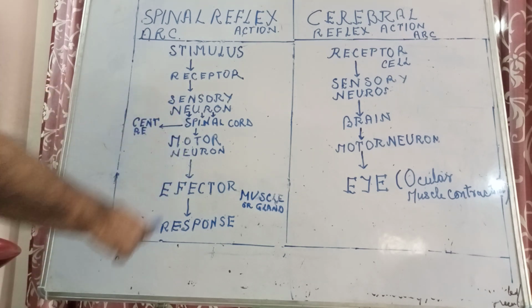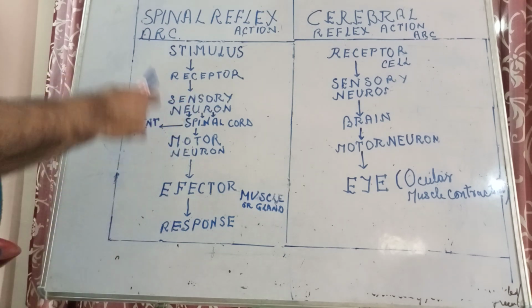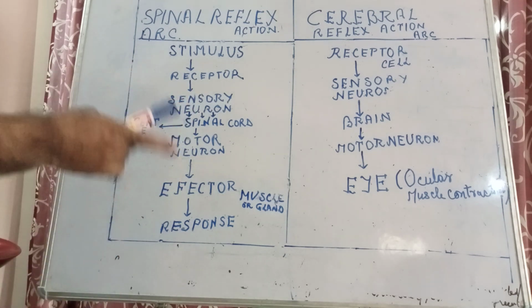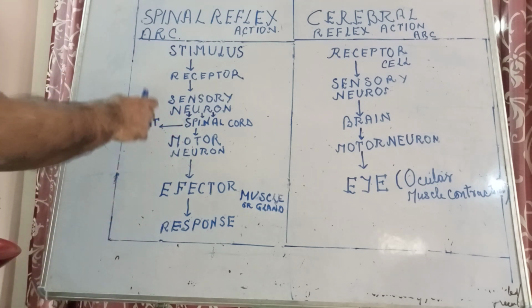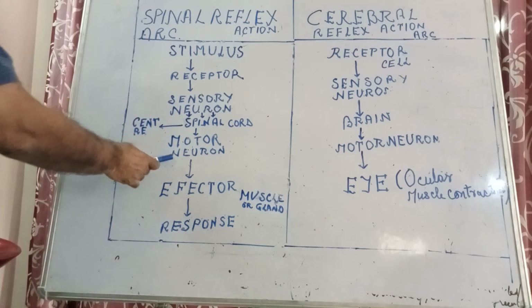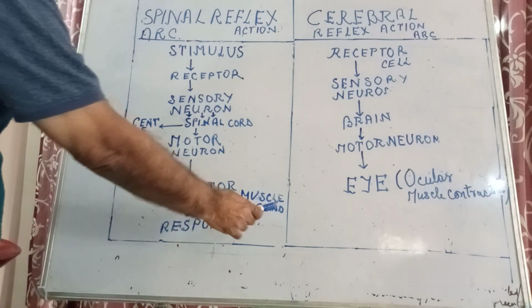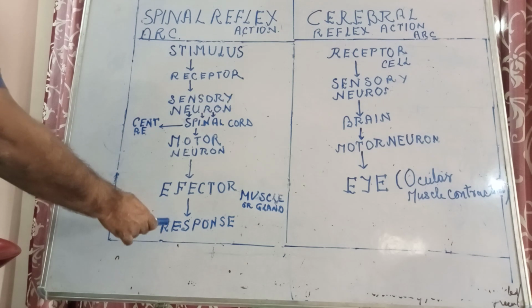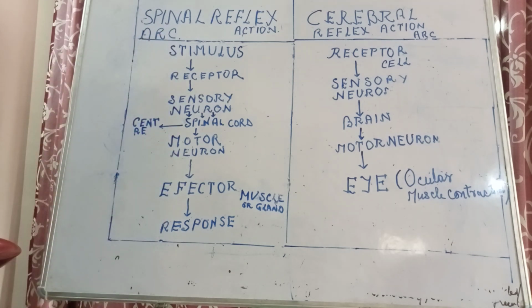So when this sensory impulse is transmitted, it is first generated into a motor impulse, and now it is transmitted by the motor neuron to the effector, which can be a muscle or can be a gland for its response. So this is the flow, students. You have to remember this, understand this.